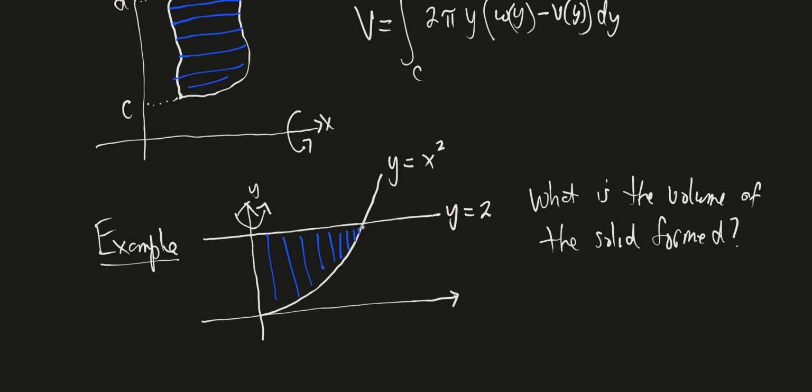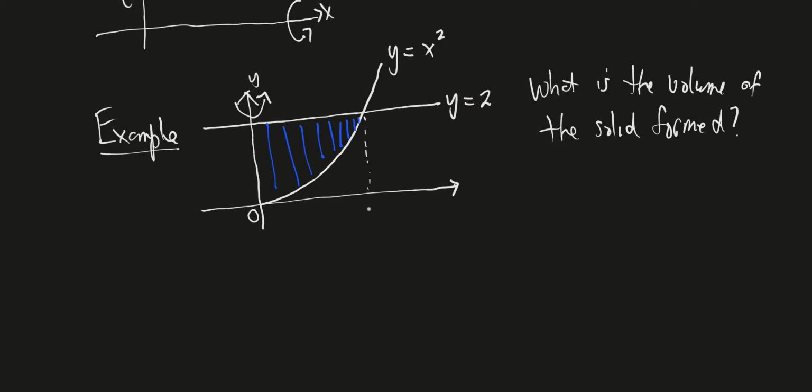If we could figure out what this limit is, we can see that this one starts at x equals 0. If we can figure out what point of intersection this x value corresponds to, then we can go ahead and use our shell method.